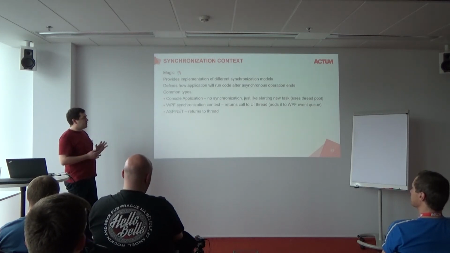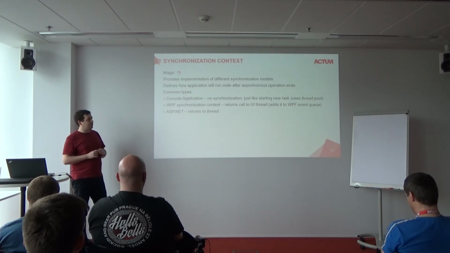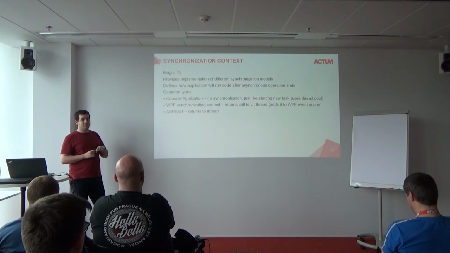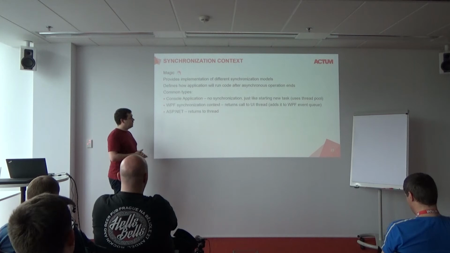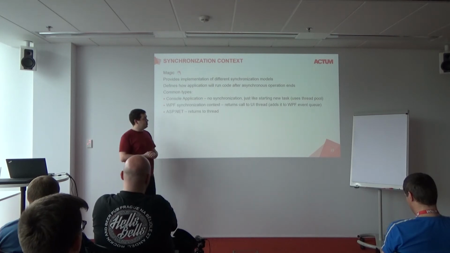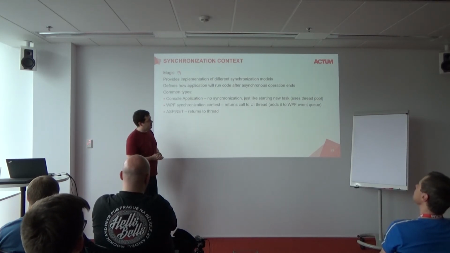But it's not very okay, for example, for WPF, when you want to return this call to the user interface thread, because if you want to manipulate, for example, your UI components, you cannot do it from other than the UI thread. So I will just show you a simple demo that can give you an insight how it works.